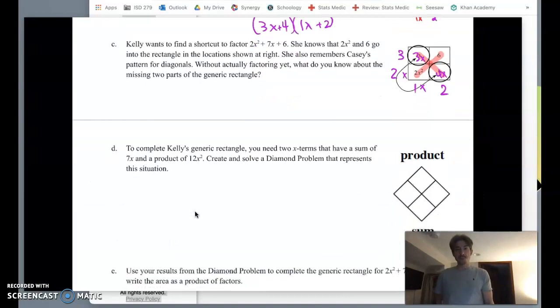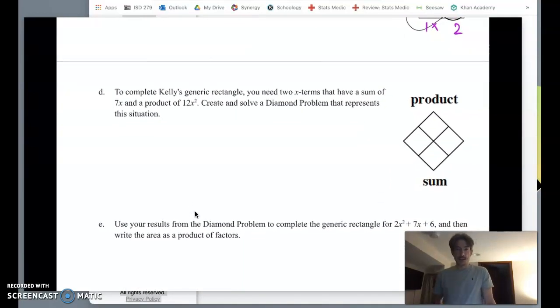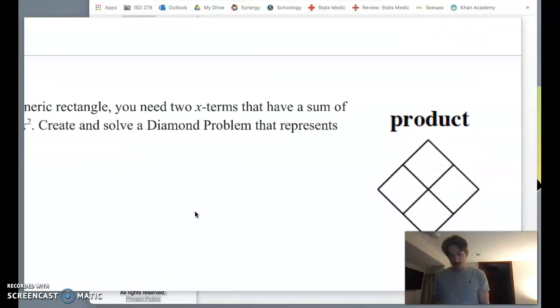To complete Kelly's generic rectangle, you need to find the 2 terms that have a sum of 7x and a product of 12x squared. Create and solve a diamond problem that represents this situation. Well, I think you can now start to see the connection to those diamond problems. So we need 2 things that multiply to be 12x squared and have a sum of 7x, and of course I already kind of gave you that information.